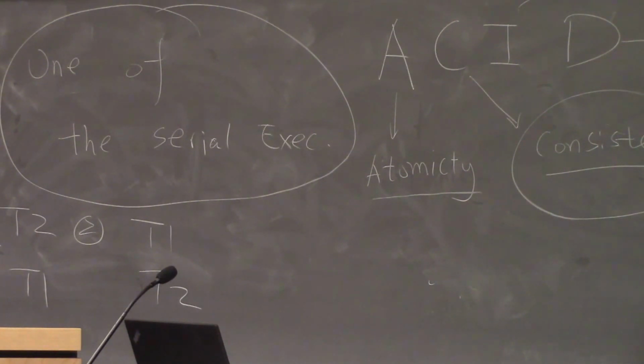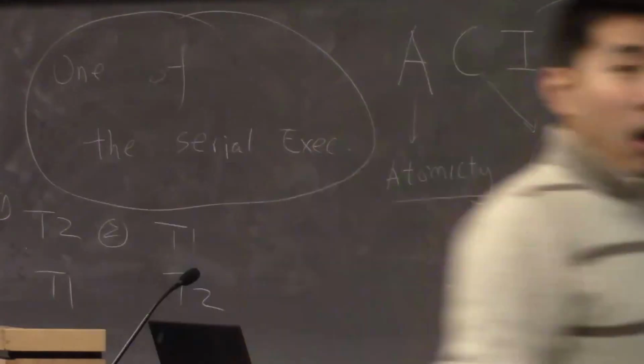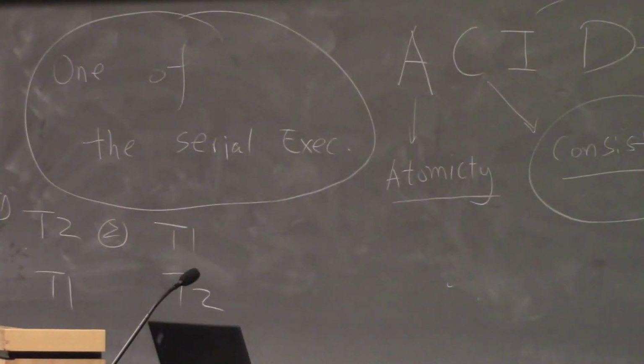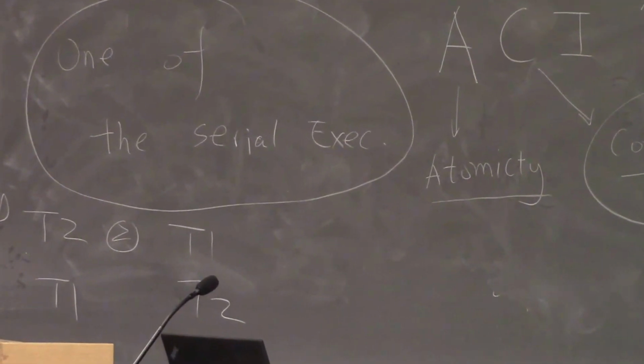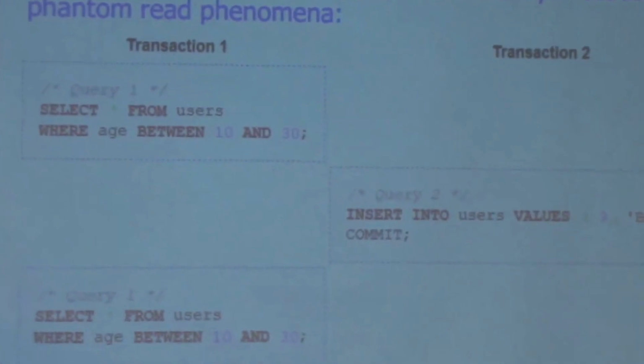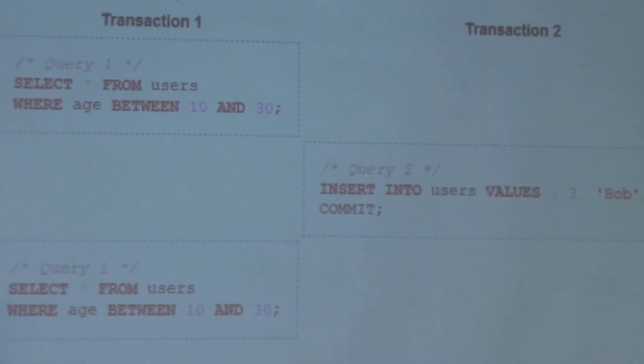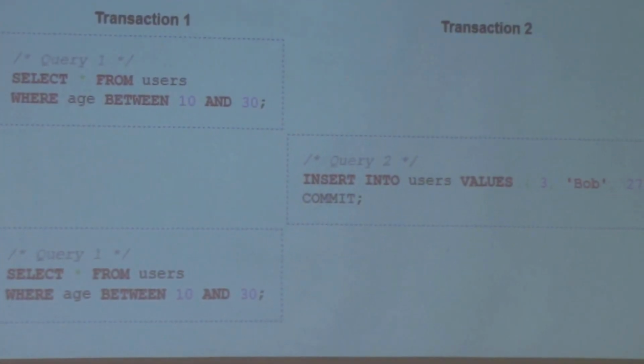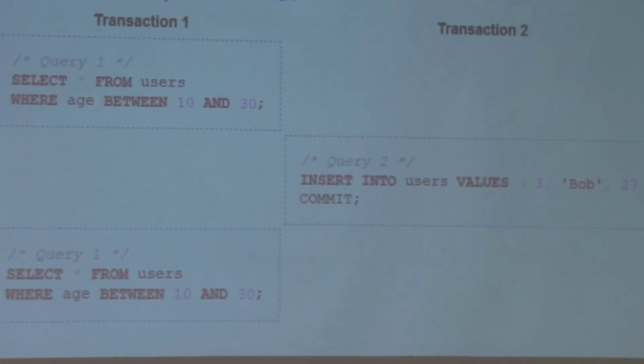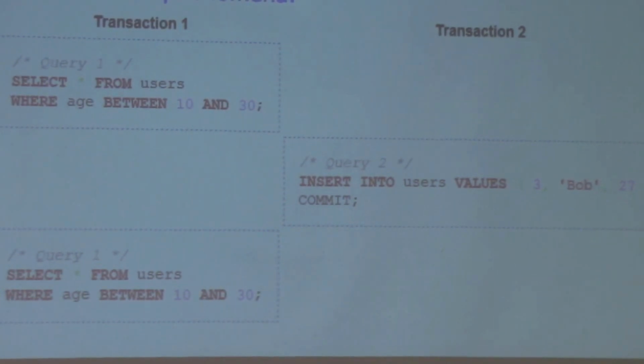You follow me? Whereas in the order I show on the board, the first time you execute the select statement, this Bob is not going to be returned. The second time you execute this select statement, this Bob, however, will be returned. Clearly, it's not equivalent to this. Because both times Bob will be returned, but here only the second time Bob will be returned. So it's not equivalent to T2 then T1.